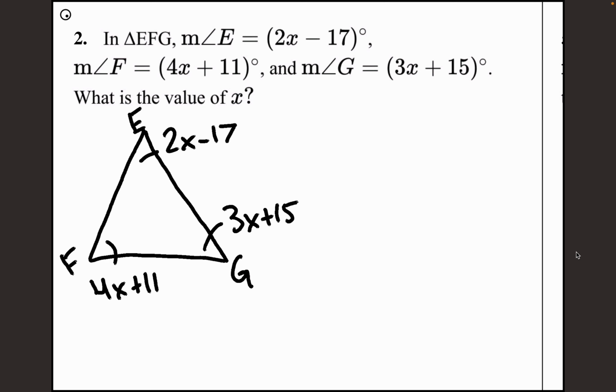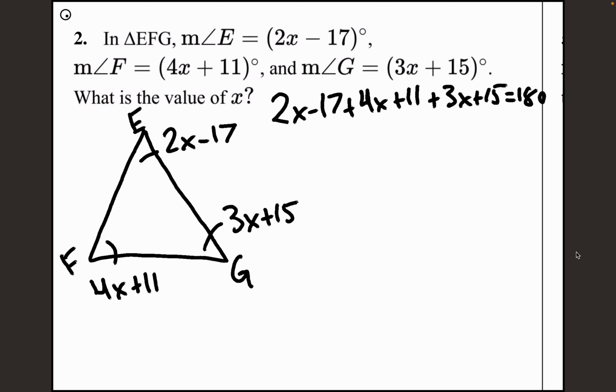All right. When you get the triangle drawn, how am I going to set this up? What am I going to do? I need to add all the angles and equal it to 180. I need to add my x's together first.